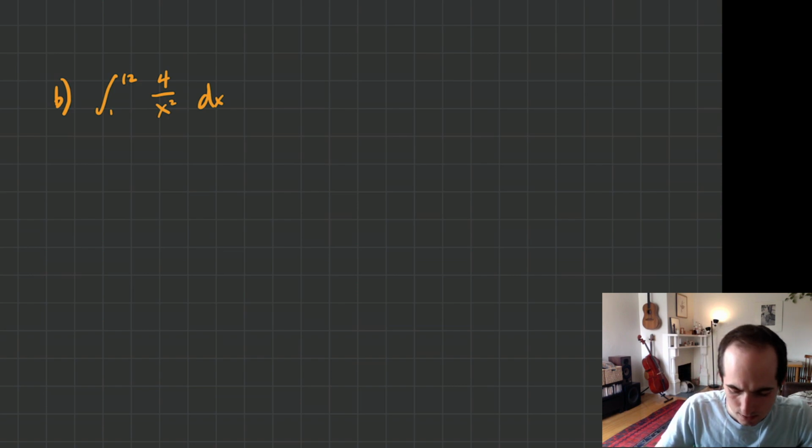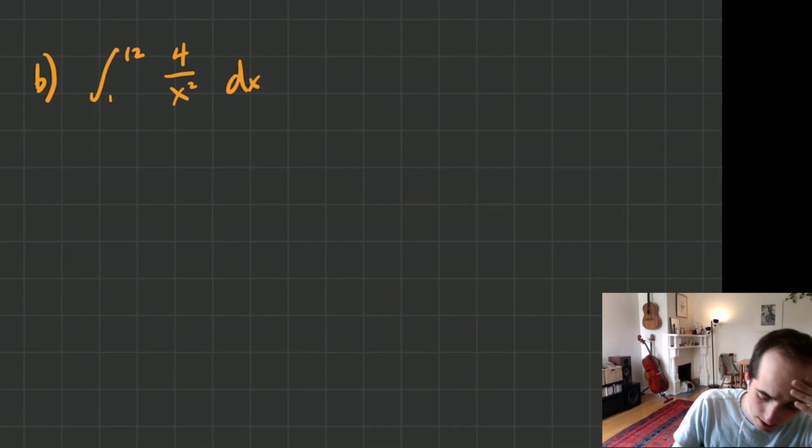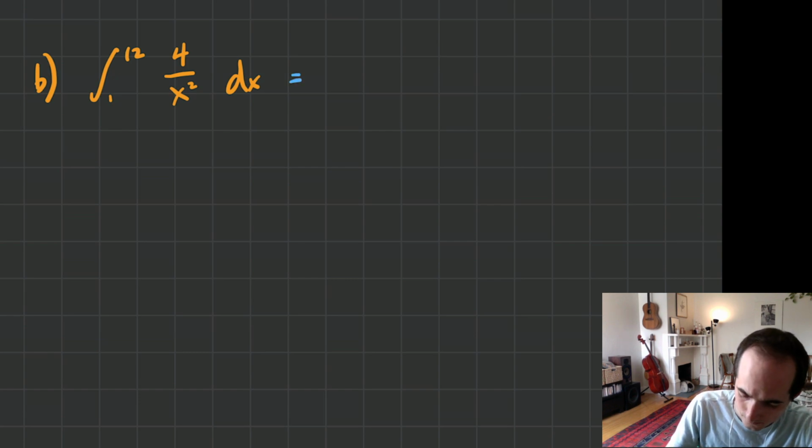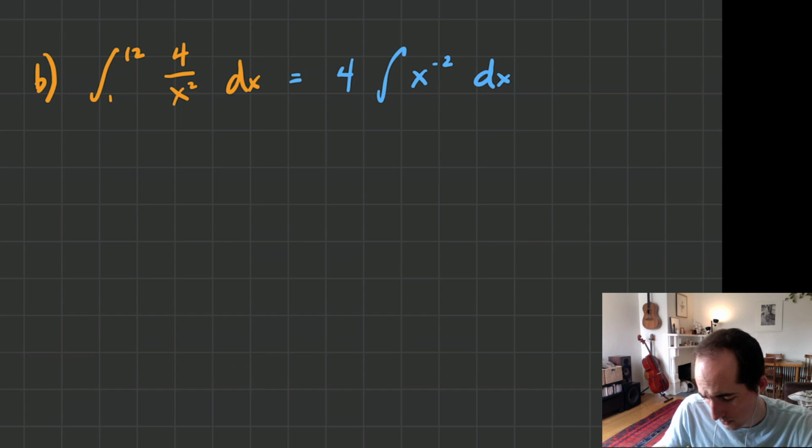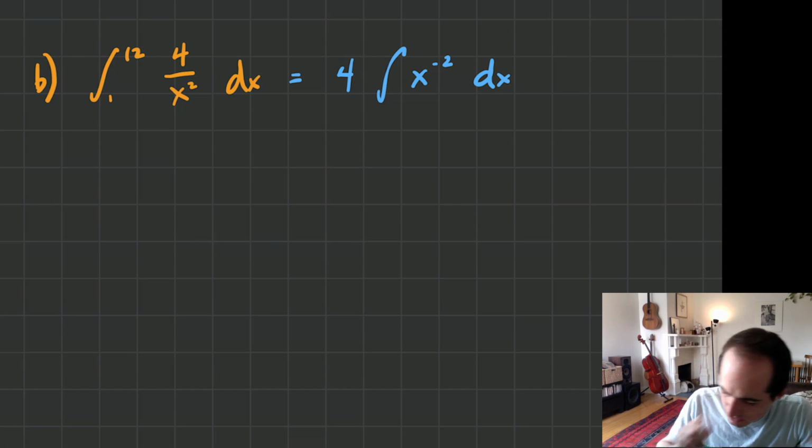So this one's not too bad. The first thing that I would like to do is just factor out the 4. So I've got 4 times the integral of x to the power of -2 dx. The way this works is the exponent goes up, and then you divide by the new exponent.